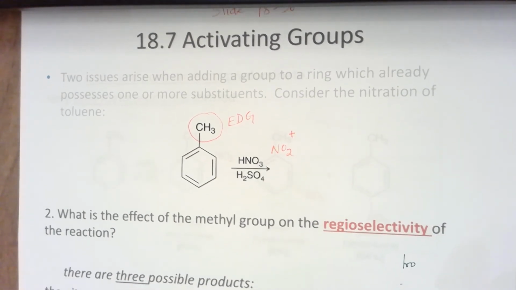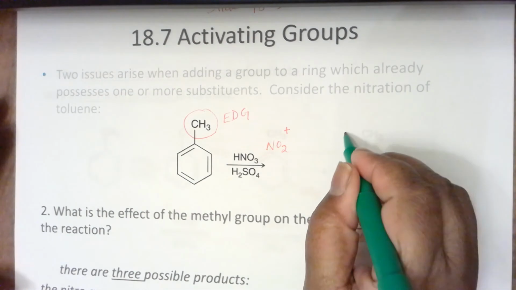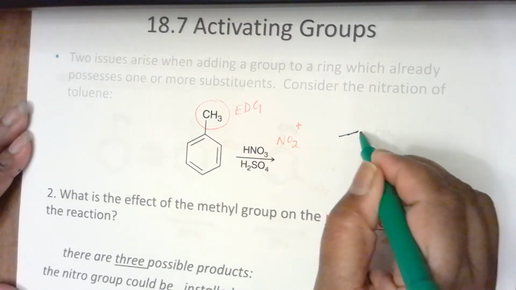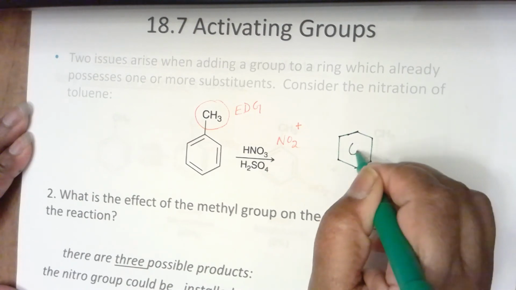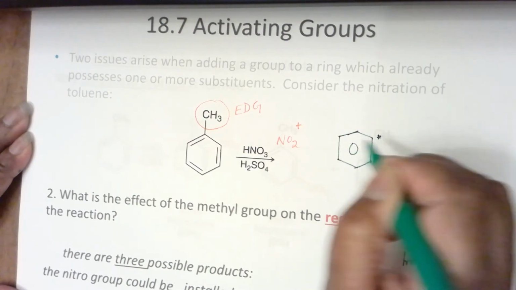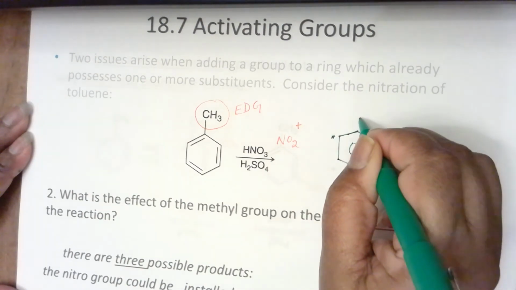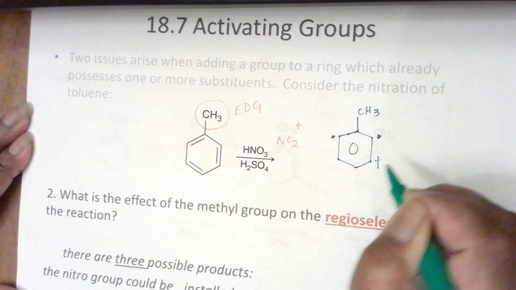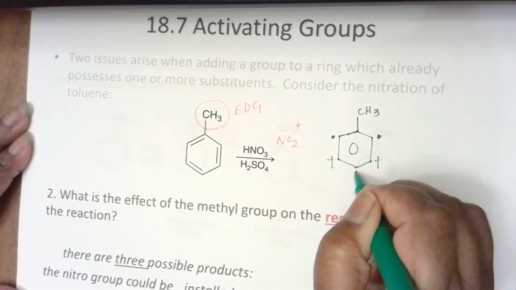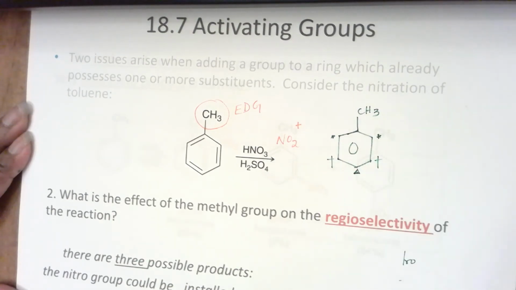Also I said that in the ring there are 3 unique positions. You have the ortho, you have the meta, and then you have the para, right?